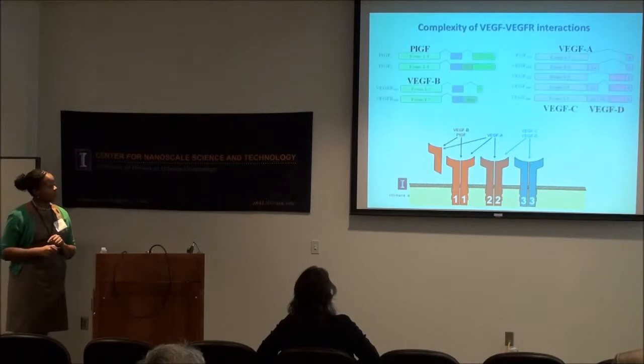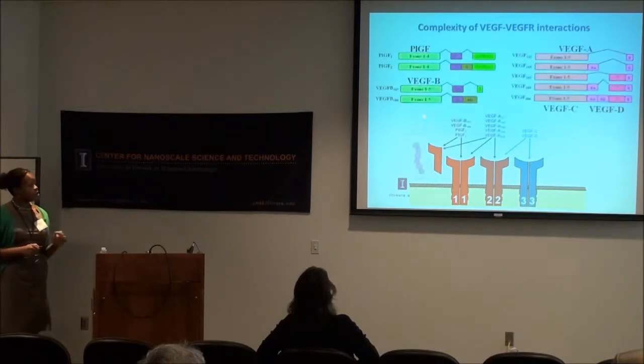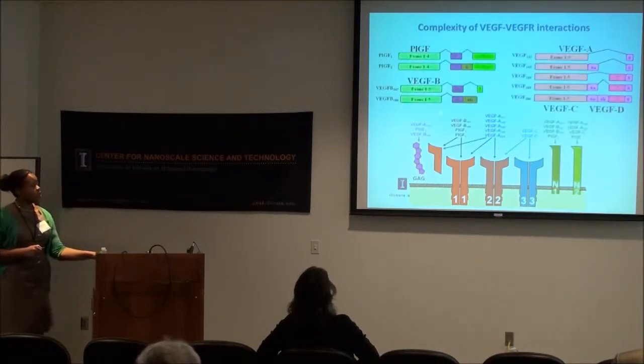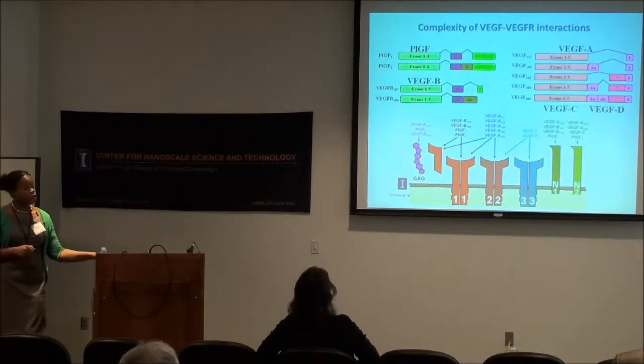Now, that picture is a little bit more complex when we consider all the splice isoforms, as well as the binding of VEGF to GAG chains and other extracellular matrix components, as well as considering the co-receptors, neuropilin-1 and neuropilin-2, which form complexes with these VEGF receptors, enhancing the binding of VEGF to its receptors.